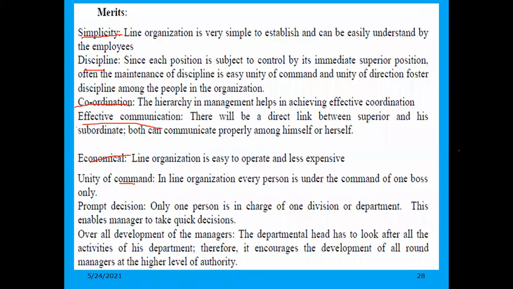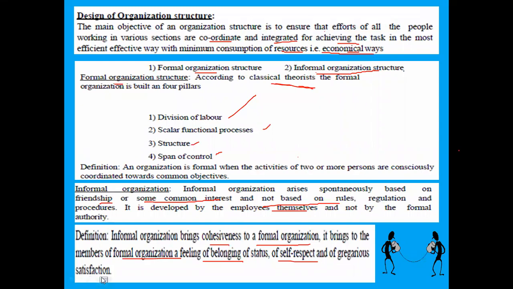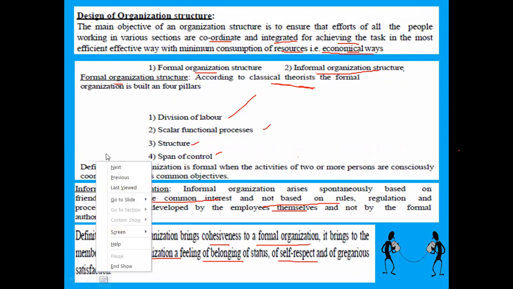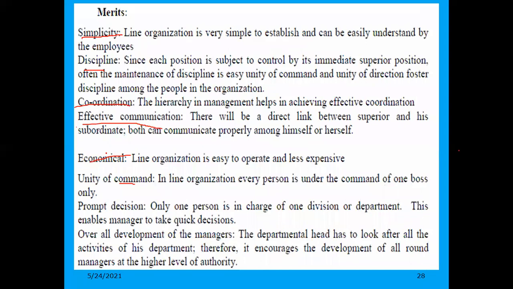So if you see the diagram here. సో ఫోర్మెన్ కింద సూపర్వైజర్, ఫోర్మెన్ ఏది చెప్తే సూపర్వైజర్ అది చేయాలి. అదే నీకు ఇంజనీరు ఫోర్మెన్ చెప్పకుండా సూపర్వైజర్ చెప్పినా కూడా ద సూపర్వైజర్ డజంట్ హ్యావ్ రైట్స్ టు స్టార్ట్ ద వర్క్. వై బికాస్ సూపర్వైజర్ ఈజ్ ఓన్లీ గైడెడ్ బై ద ఫోర్మెన్ ఇట్ సెల్ఫ్. అర్థమైందా? Next, merits, unity of command and prompt decision.